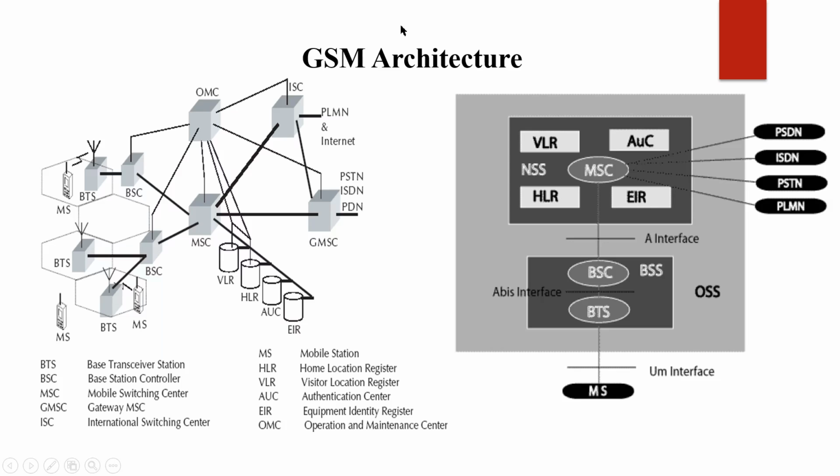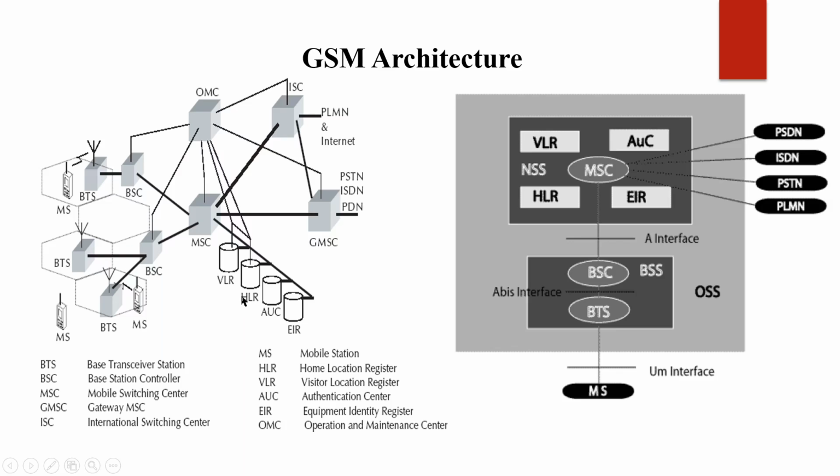Here is the architecture, the most important part of your GSM system. Over here, these are the various entities which belong to GSM architecture, that is mobile station, base transceiver station, base station controller, OMC, that is operation and maintenance server, MSC, that is mobile switching center, VLR, visitor location register, and HLR.